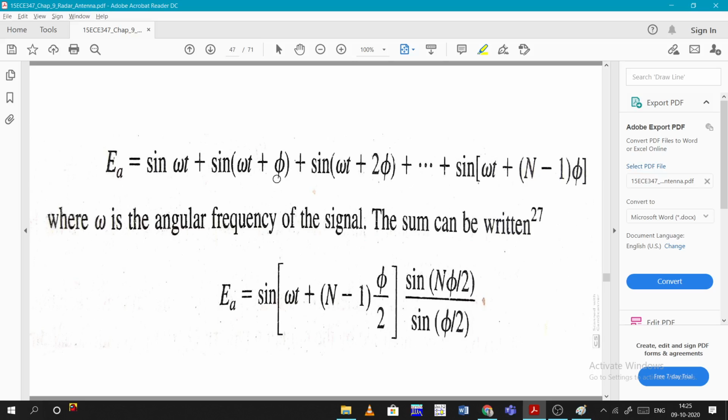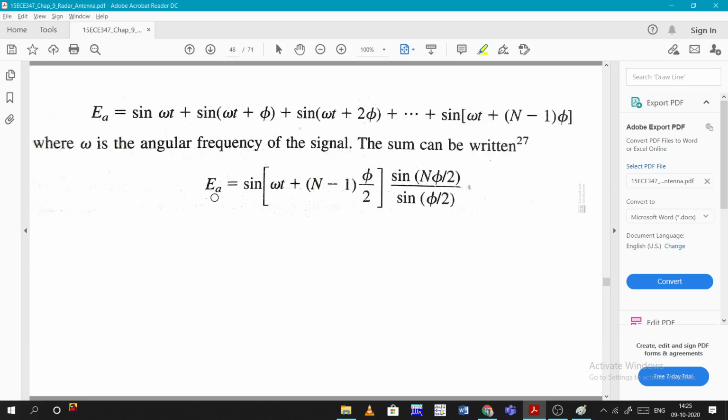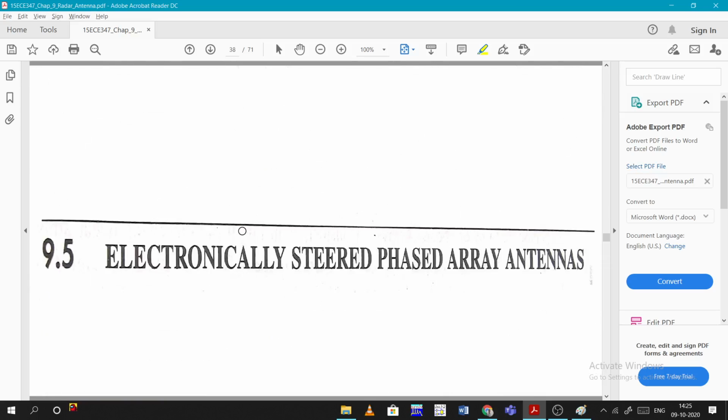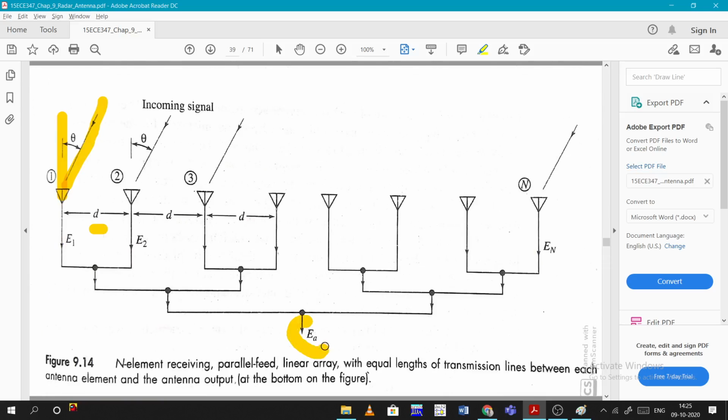So when we sum all these voltages, we get an expression like this: sine of wt plus n minus 1 of phi by 2, into sine n phi by 2, divided by sine phi by 2. So that is the E value.